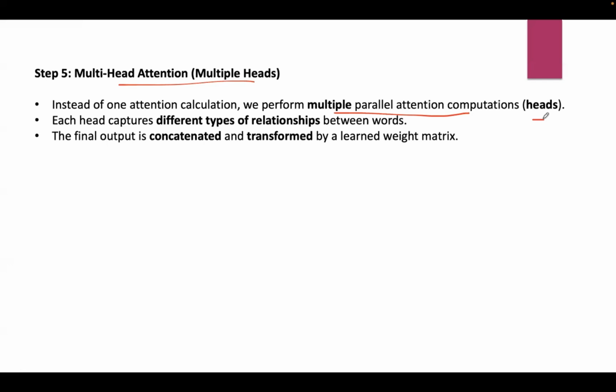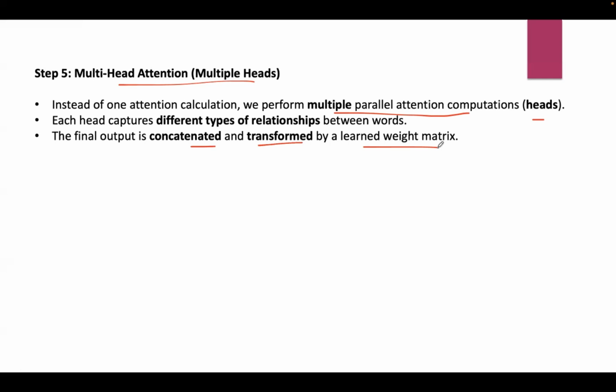Then the outputs from all the heads are concatenated. At the end, the concatenated output is projected using a learned weight matrix in order to create the final attention output. We can compare this multi-head attention with a team of experts analyzing a sentence.